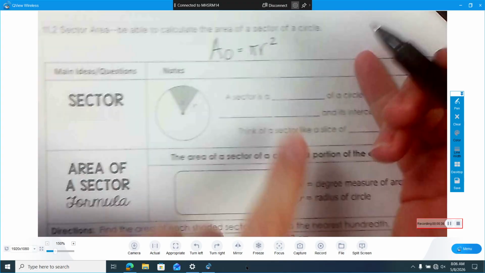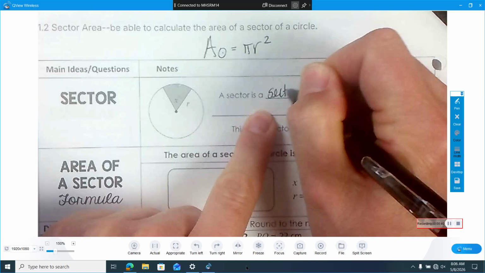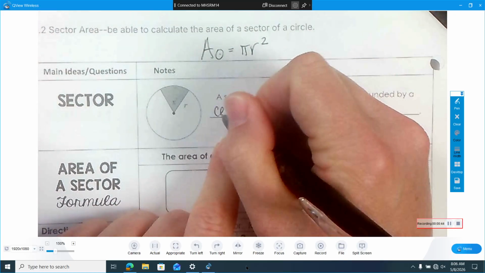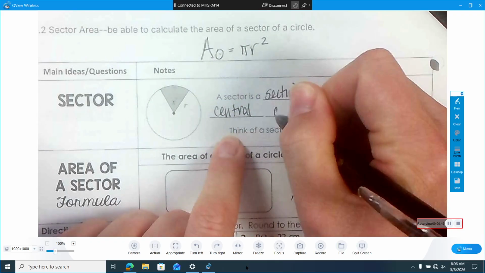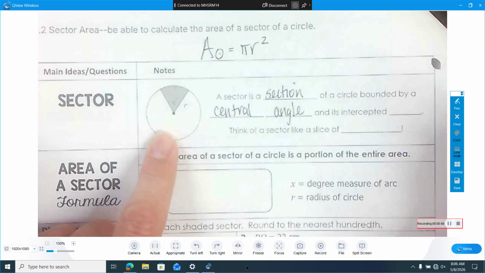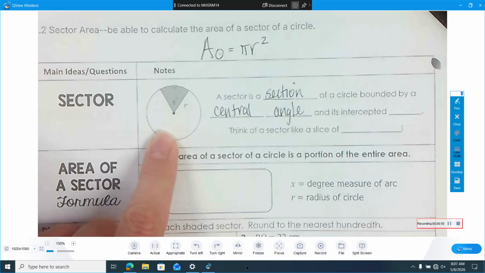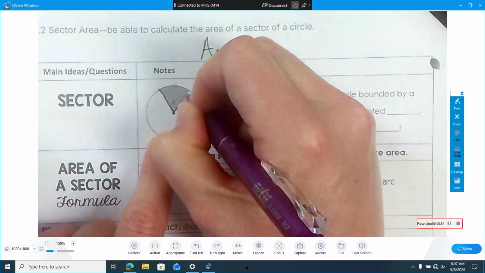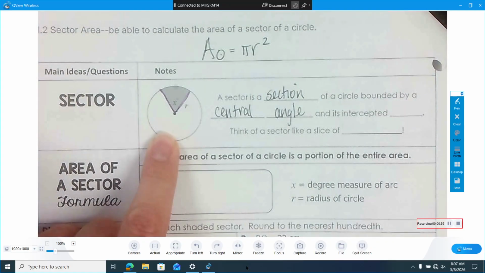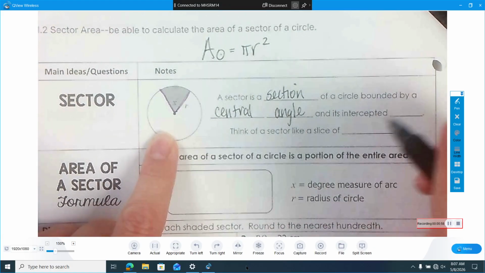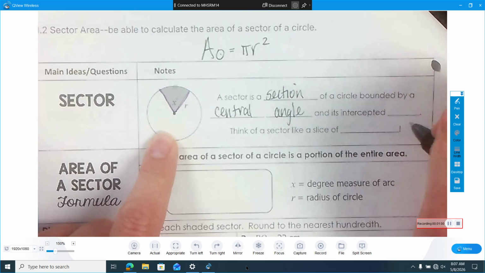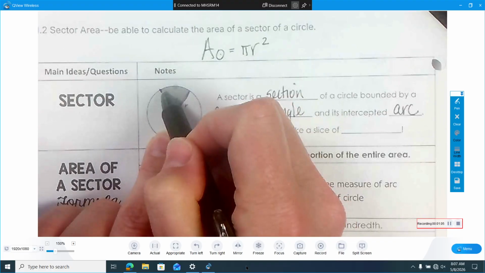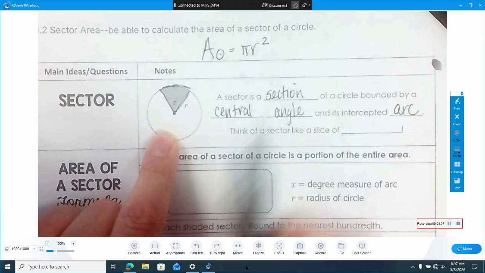A sector is a section of a circle bounded by a central angle. And a central angle, if you remember, goes through the center of the circle. So we have this nice little central angle, and it's got its intercepted arc that it eats.